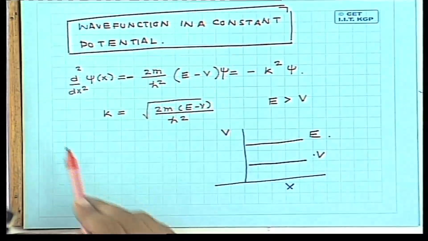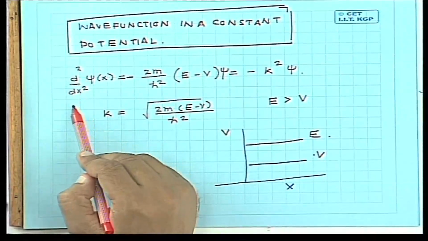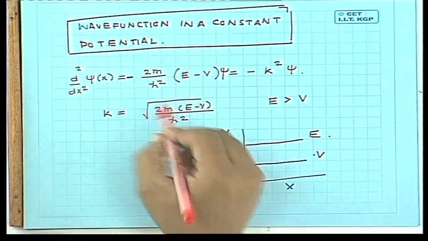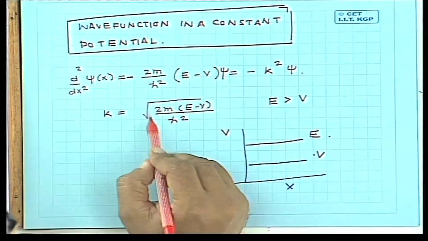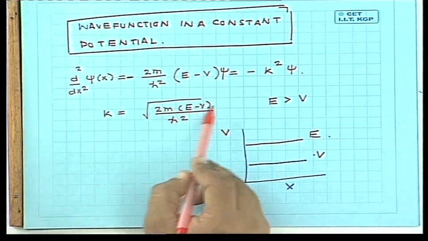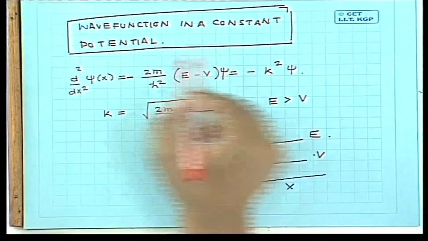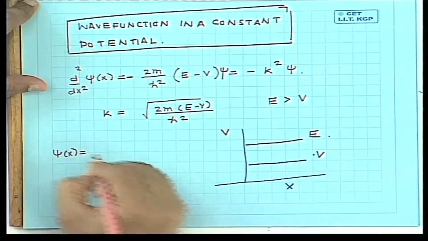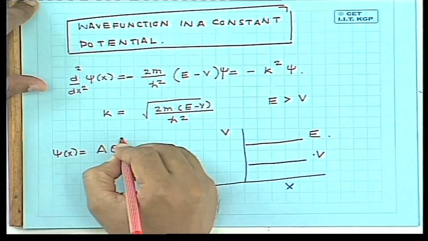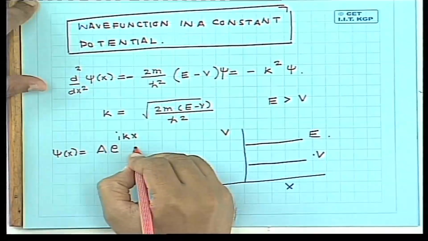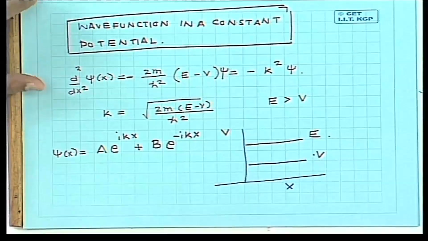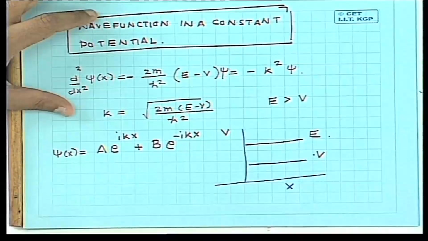The equation can be reduced to d squared psi by dx squared is equal to minus k squared psi, where k is the square root of 2m times E minus V by h cross squared. Here E minus V is positive. And the solutions of this equation are quite simple to write down. So the solutions are psi of x is equal to a e to the power i k x plus b e to the power minus i k x. So this is if E is greater than V.